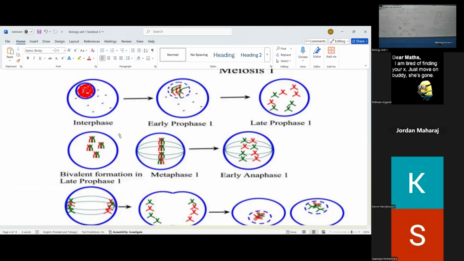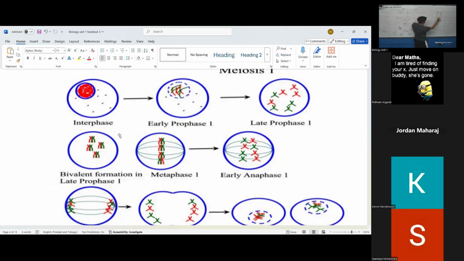So it's crossing over or recombination, and the products of recombination are called recombinants. After recombination, you produce recombinants. And there is a specific name for the point at which they cross over.